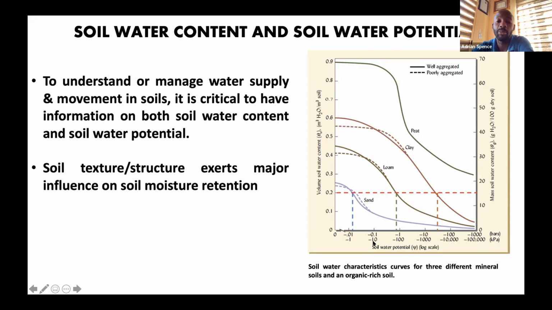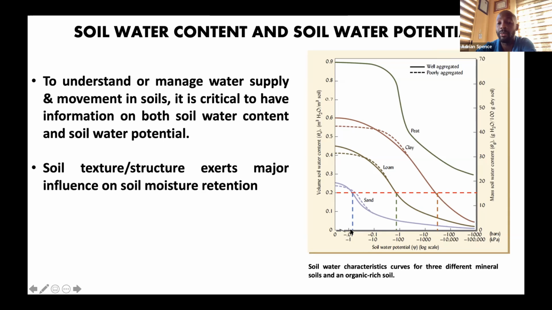Again, it's important when you do these measurements, even if you're in the field and you get a measurement from your tensiometer, that you're able to match this reading to a soil type. Otherwise, the value that you pick up here might be misinterpreted.